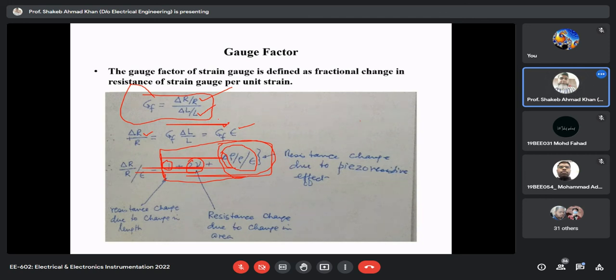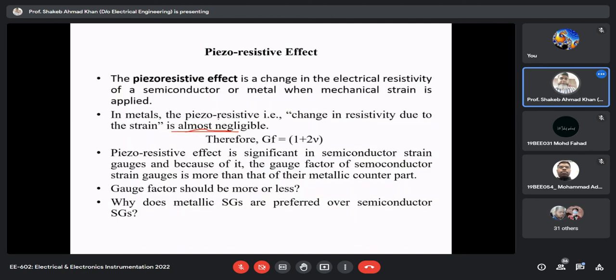Accurate measurement of small change. So if your sensitivity will be high, with change in input or the stimulus, you will get more change in output, and the change is more, so obviously measurement will be easy, and accurate measurement will be easy, and it will be economical also. So that's why we always want that gauge factor should be high.